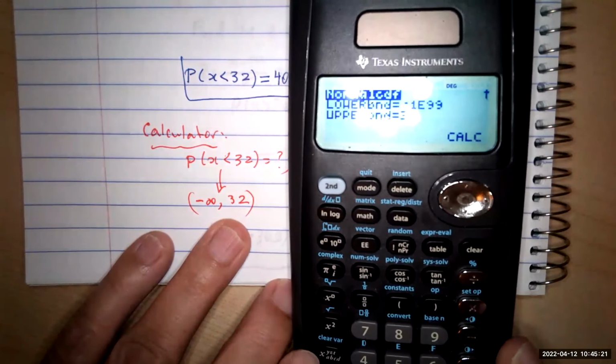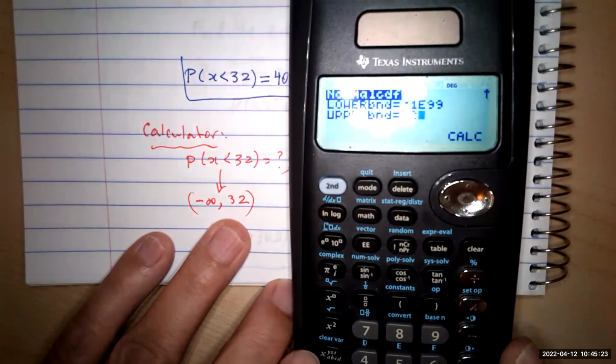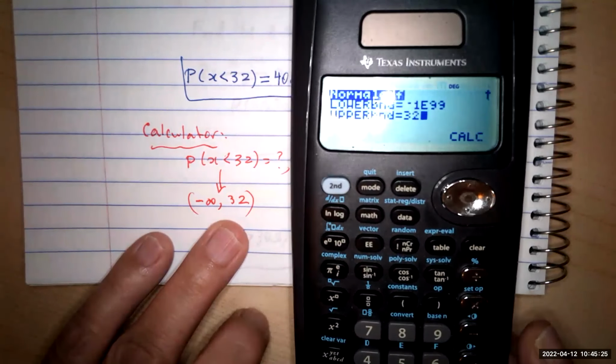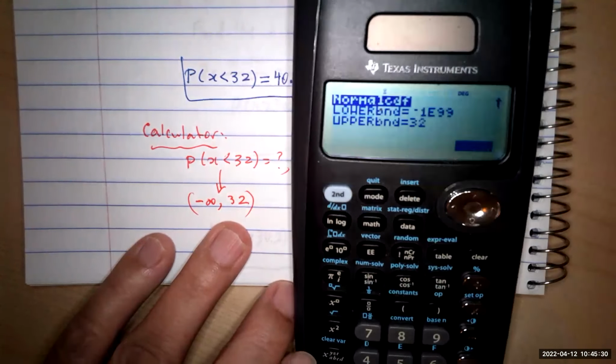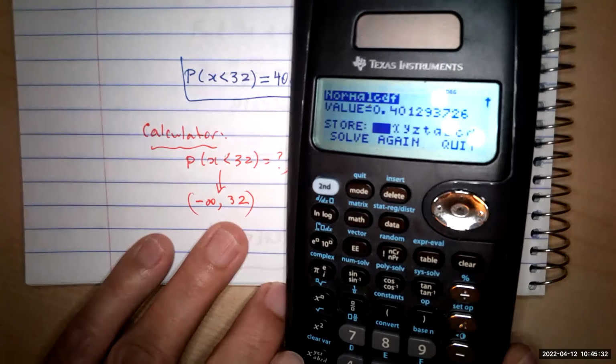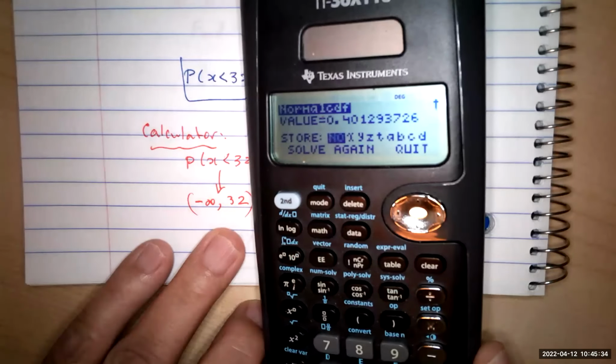Okay, so we now want to find the probability that P is less than 32, so the interval is negative infinity to 32. We calculate, and that gives the number 0.40129.